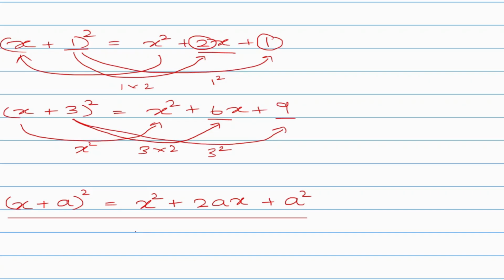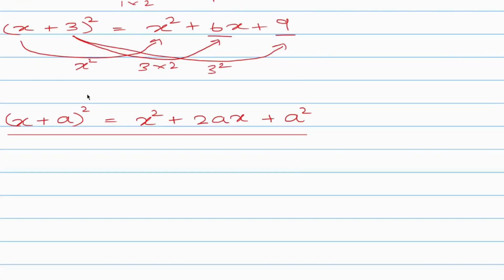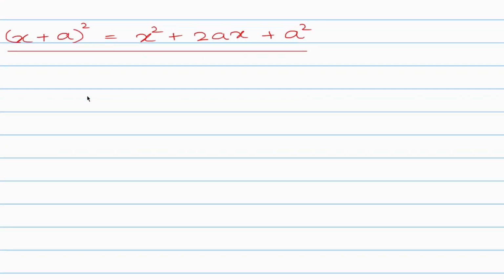So now let us get into it, now that we've seen this pattern. Consider a random quadratic expression just for now. Something like x squared plus 4x, something random, plus 9.